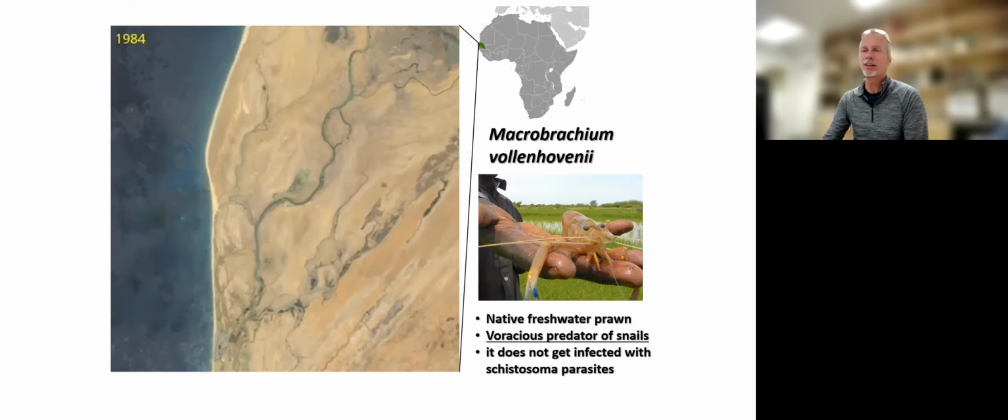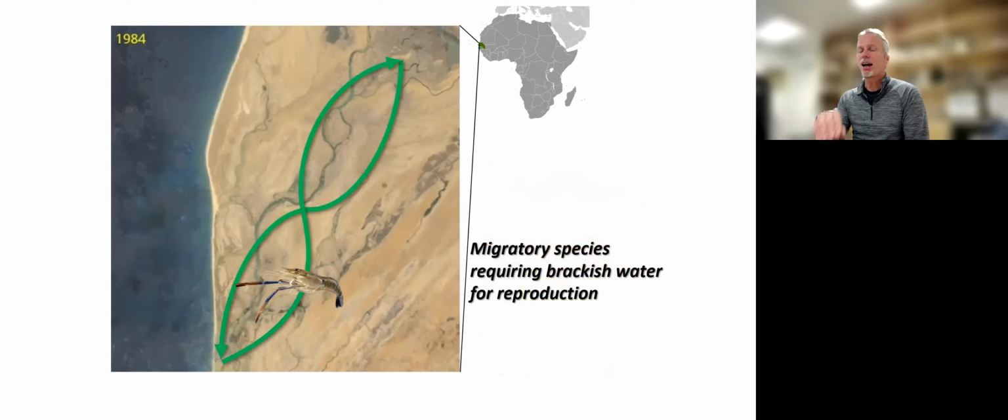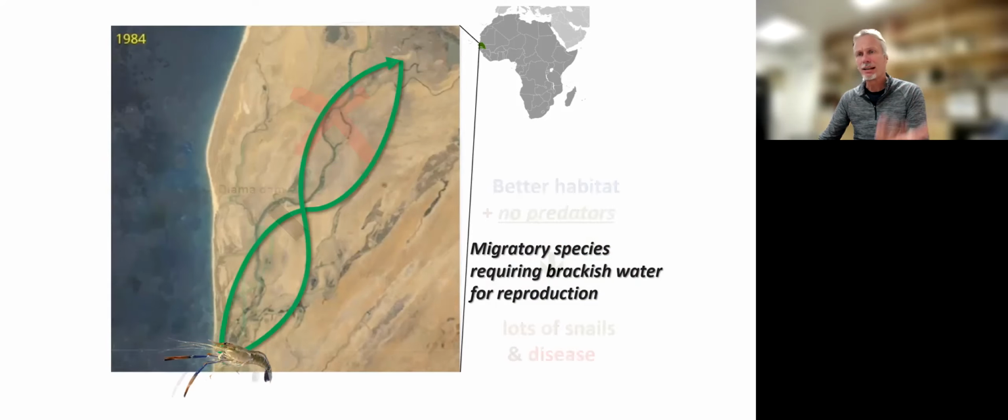This freshwater prawn is actually a migratory species. It requires brackish water for reproduction, where the larvae can develop in the first few weeks, and eventually the prawns swim back, and they can cross up to 1,000 kilometers, typically several hundred kilometers, upstream, and then go back for reproduction. Well, guess what?